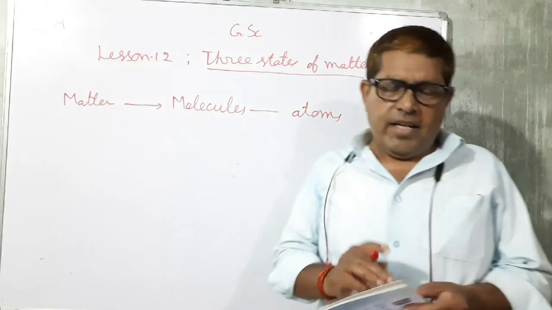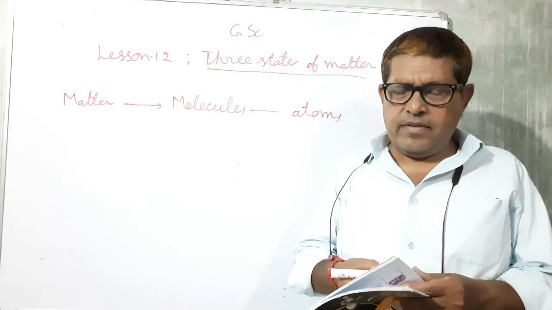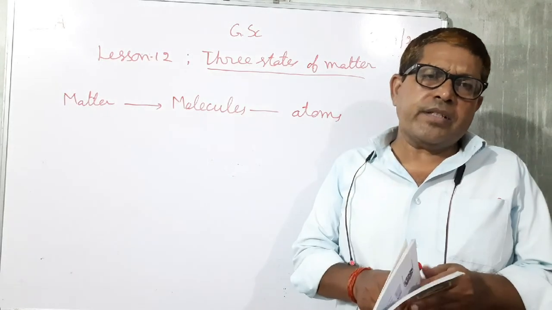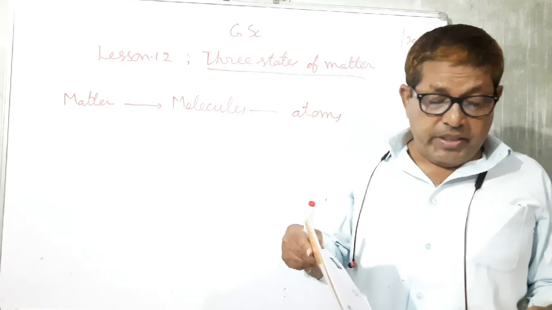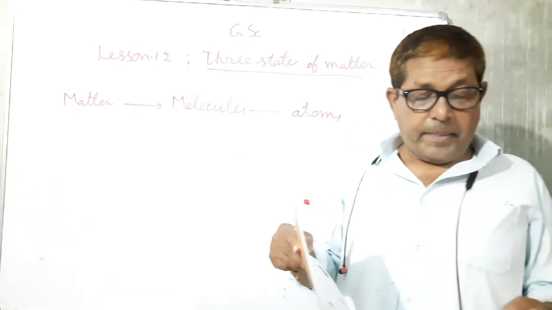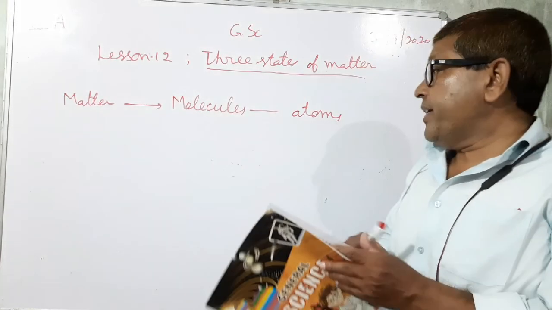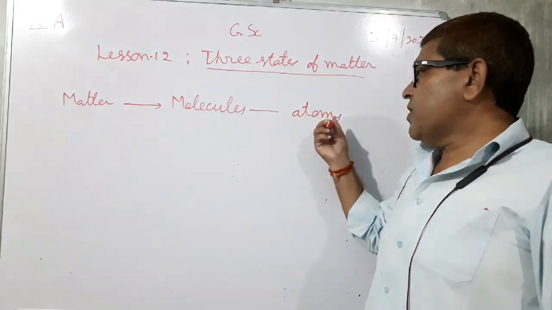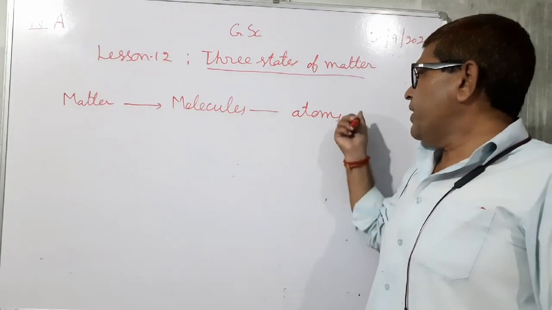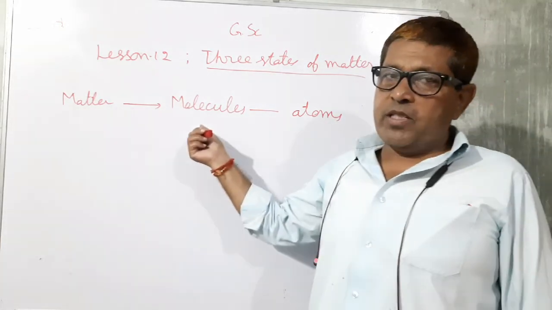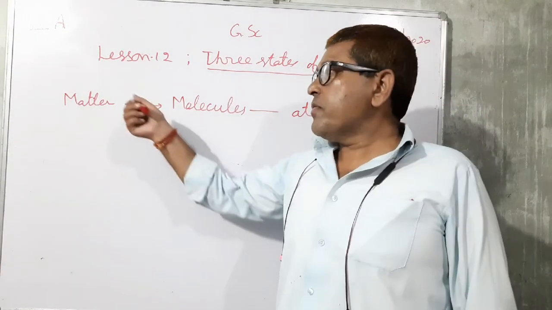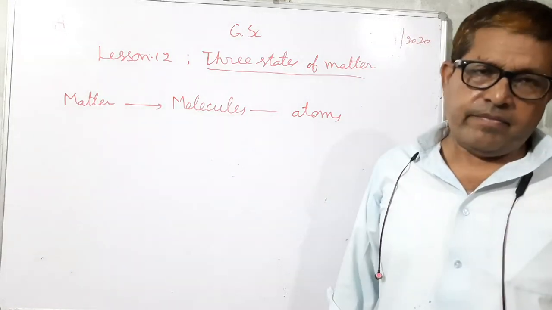Atoms are also made up of electrons, protons and neutrons. So these are the smallest particles, and so many atoms form the molecules, and so many molecules form the matter.